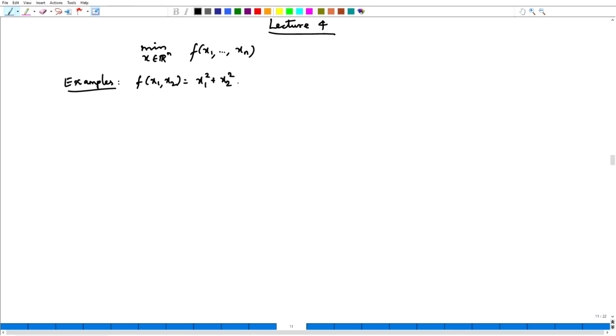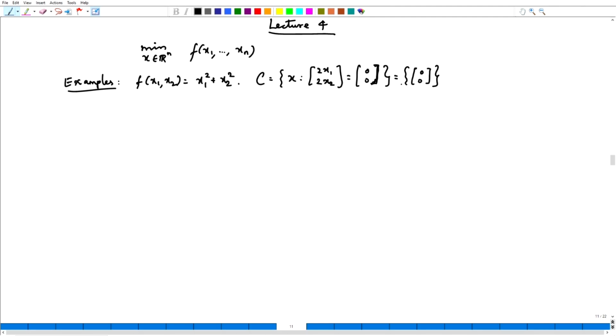So, in this case you can see that the set of critical points is the set of all x such that the gradient, which is 2 x1, 2 x2, is equal to the 0 vector 0, 0. That happens when x1 is 0 and x2 is 0, as simple as that. So, again this set is a singleton set.